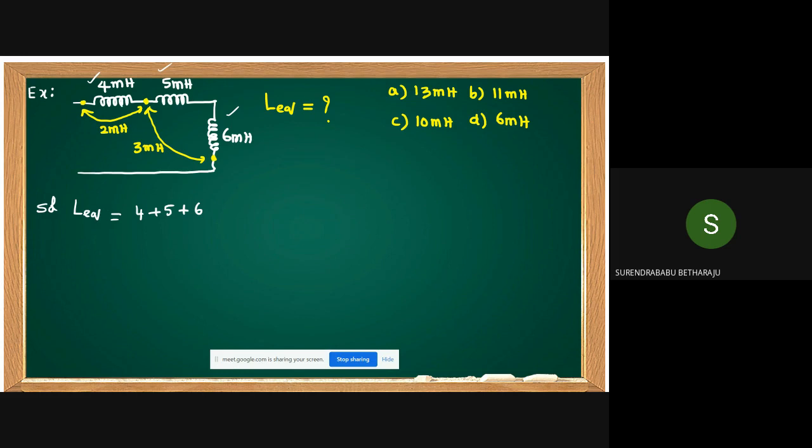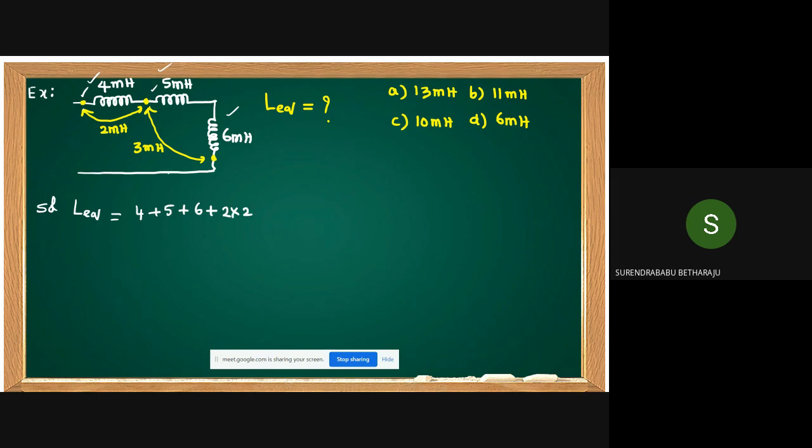This is the mutual inductance with respect to these two coils. For this coil it is a starting terminal, and for this coil also the dot is at the starting terminal. That's why it is plus, mutually aiding. 2 into 2, plus 2M.